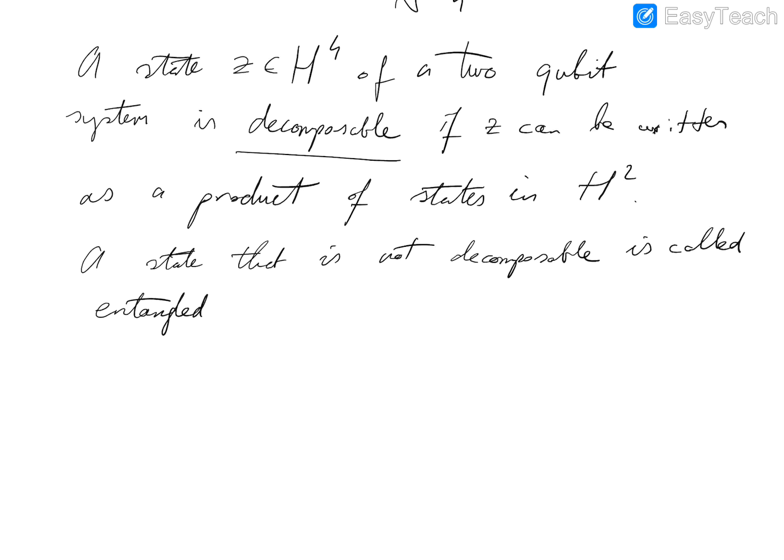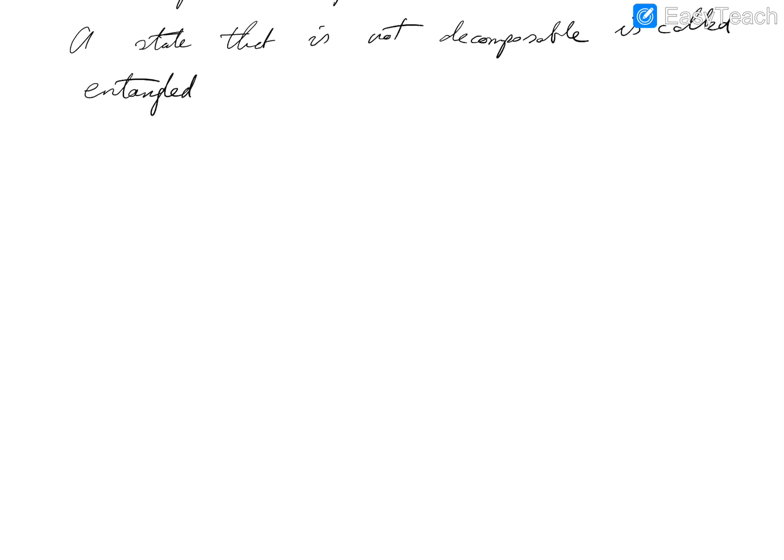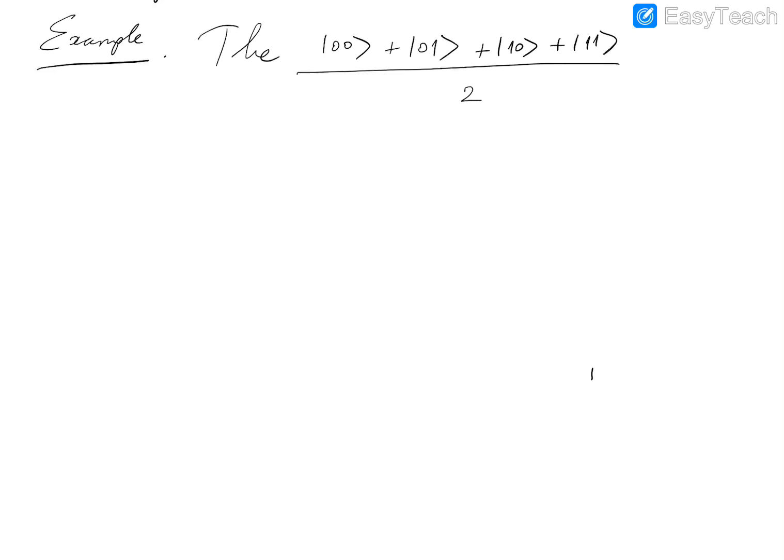All right, so let me give an example of a decomposable state. We claim that the state (|00> + |01> + |10> + |11>)/2 is a decomposable state.